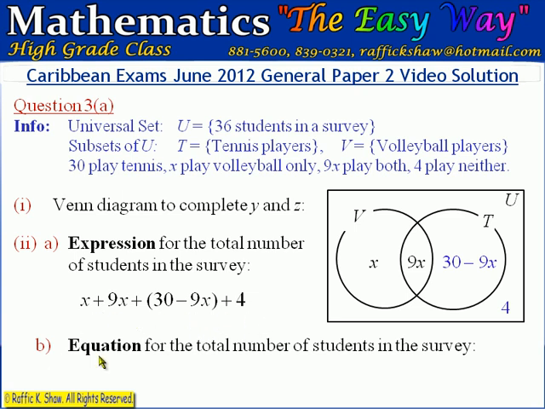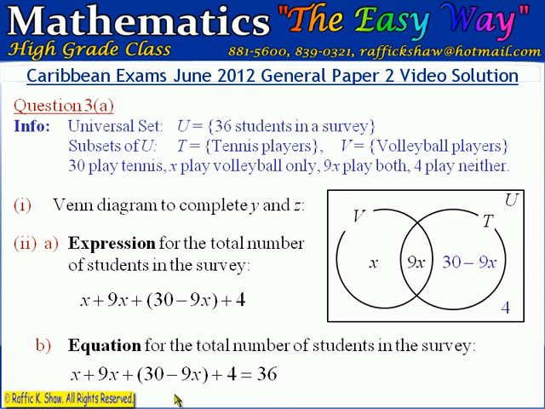So to complete the equation, we simply equate this expression to 36, the total number of students represented in the universal set.